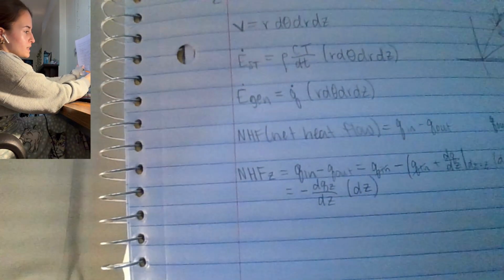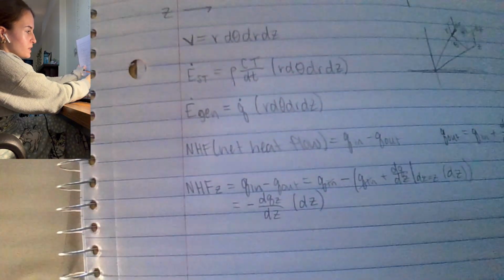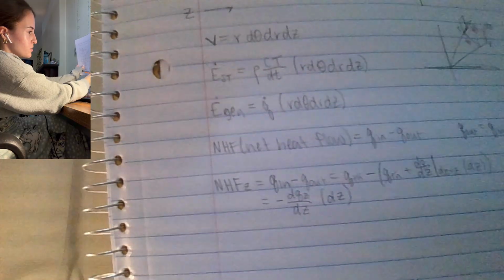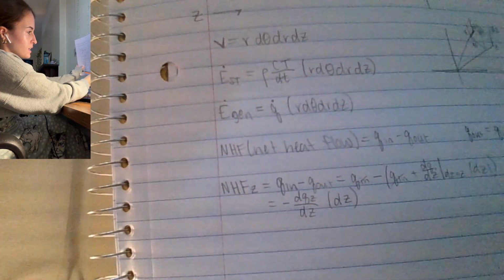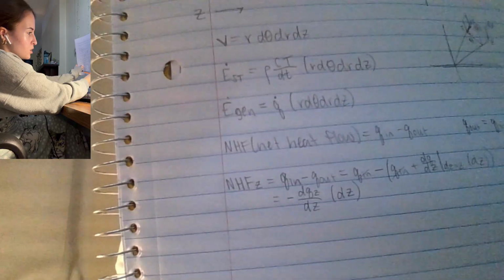So then we'll have the net heat flow in the z direction equaling negative dq at z over dz times dz. So that's what we'll get. Those Q ins will cancel, the negative will distribute in to make that negative dq at z over dz times dz.